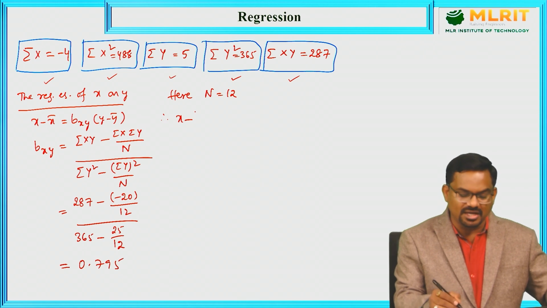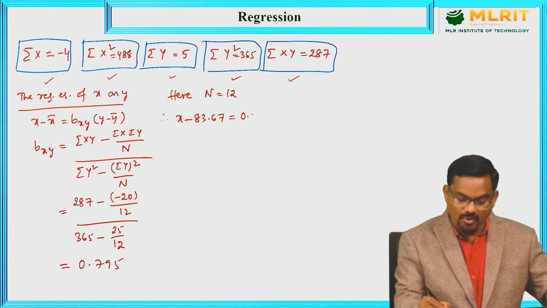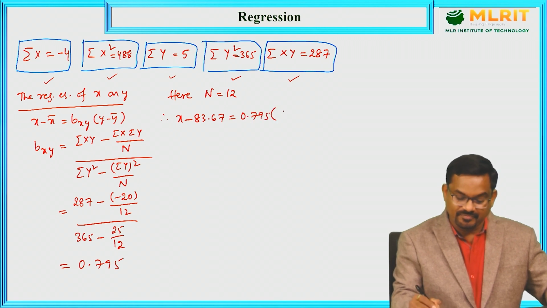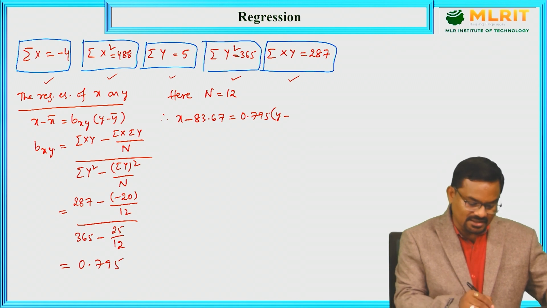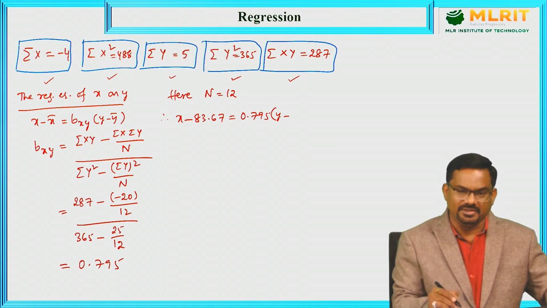What is the original mean of x values? 83.67. That is equal to 0.795 into y minus y bar. And what is y bar? The actual mean. In the equation, we have to substitute the actual mean values. But to find regression coefficients, we use assumed means.